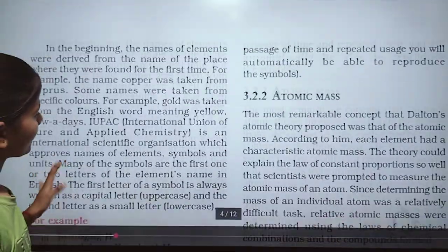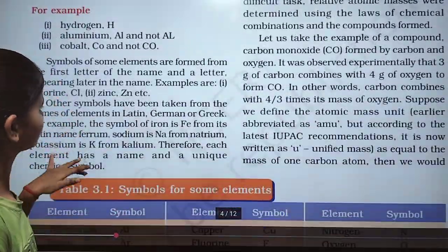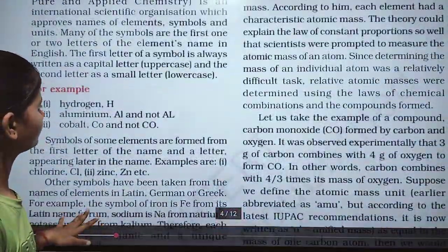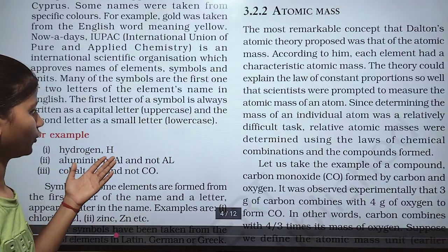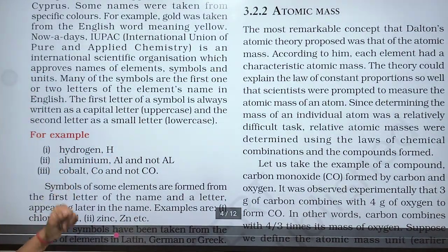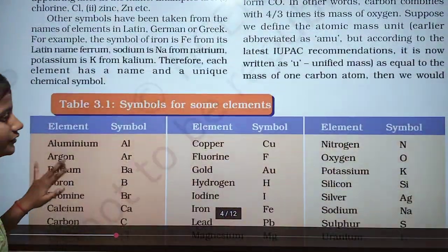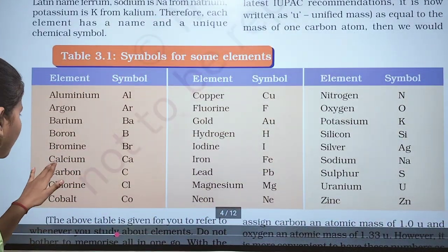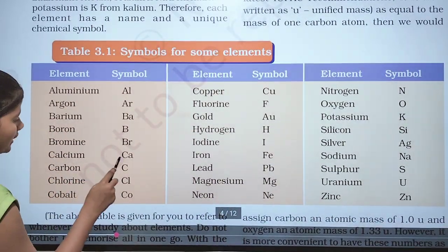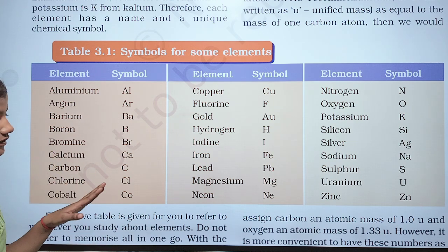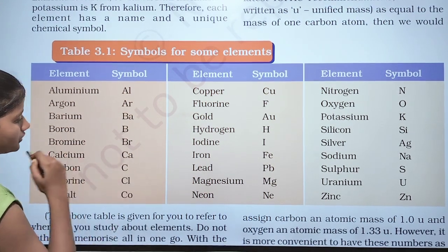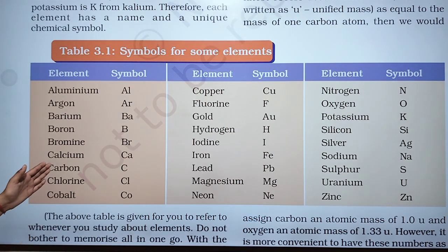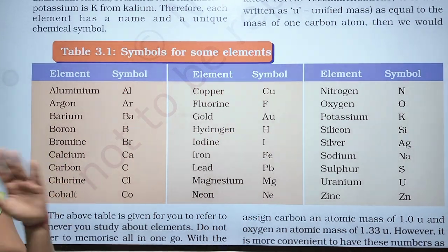The way to denote a symbol is that the first letter should always be capital and the next letter always a small letter, not a capital letter. That is totally wrong.